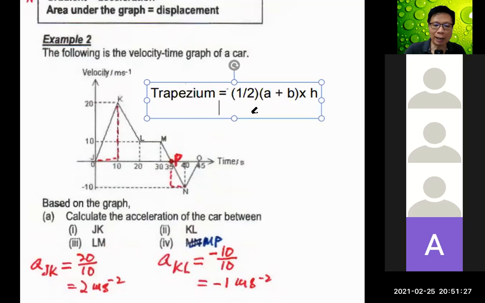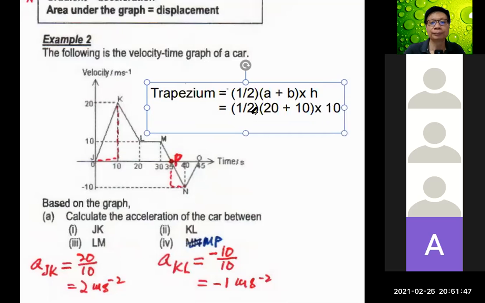I type very slow. So we get one half, A is 20 plus B is 10. And the height is also 10, correct or not? So you get one answer. Can someone please calculate what answer?